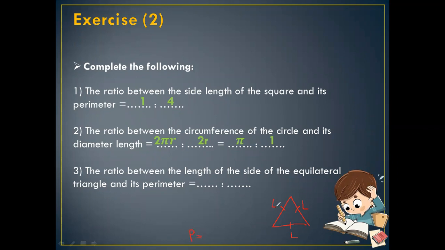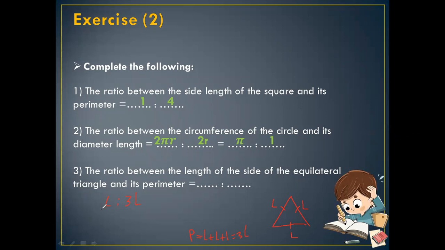We have L plus L plus L, that means L plus L plus L equals 3L. Okay, so 3L, and the side is L. So we will see here he needs the length of the side and the perimeter. So the length of the side is L and the perimeter is 3L.